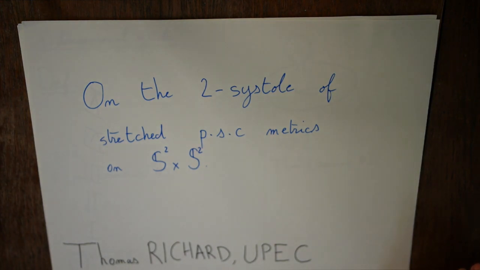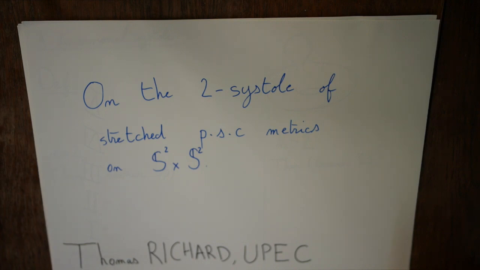So the study of positive scalar curvature metrics is a huge topic, but unlike positive Ricci curvature or positive sectional curvature, it's not clear how one can use the scalar curvature to control metric invariants in a quantitative way.